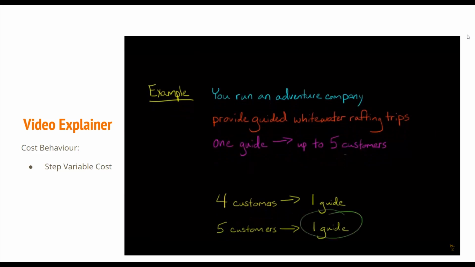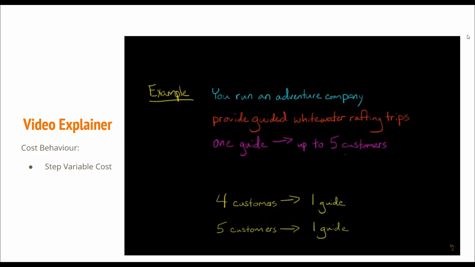But we still just need one guide. So that's weird. It's kind of like, okay, well, we think about this as a variable cost, but we've increased the number of customers from 4 to 5, and we still just need one guide. So in a sense, within this kind of 5 customer range, this is kind of a fixed cost. It's not changing as the number of customers increase.